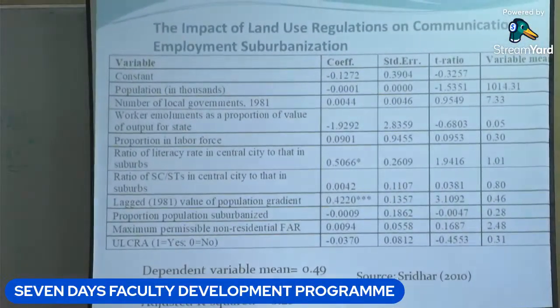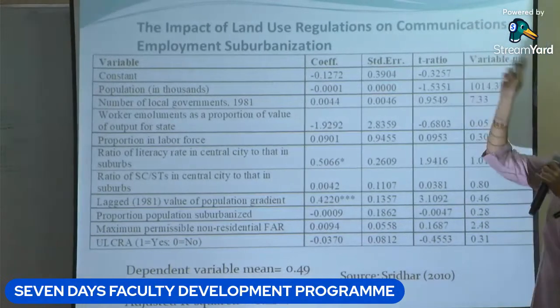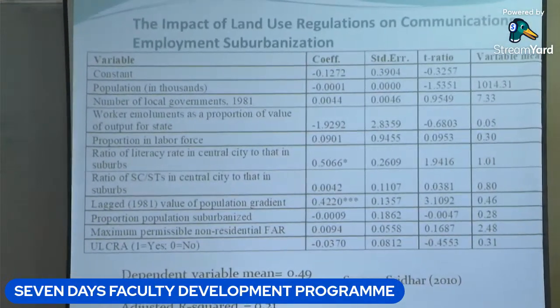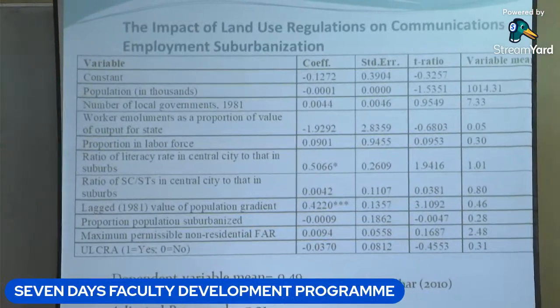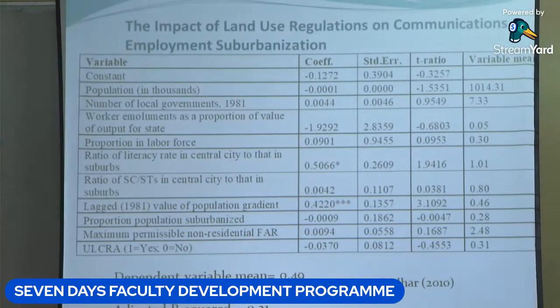Here what we find is that communications, this was using 1991 census data. So in 1991 there was no differentiation for ICT. It was just communications employment, transport and communications it was called.